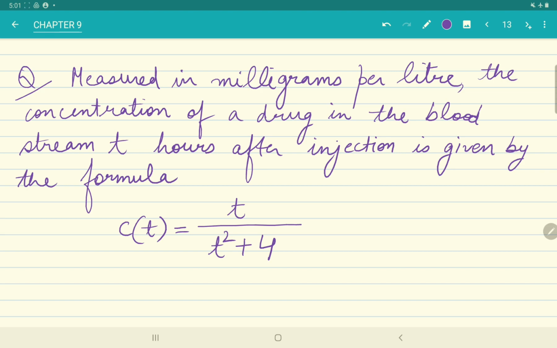So what is this? This is the concentration of drug in the bloodstream T hours after injection.